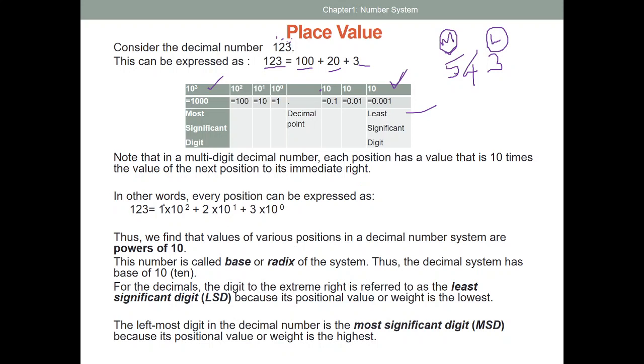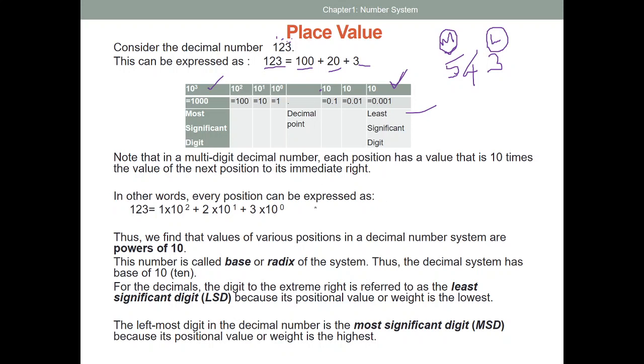Note that in a multi-digit decimal number, each position has a value that is 10 times the value of the next position to its immediate right.